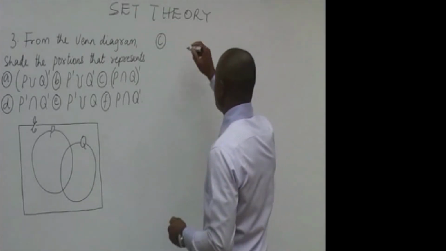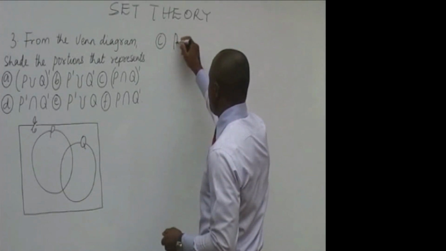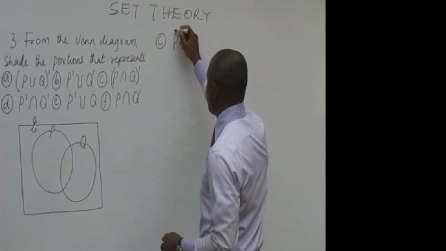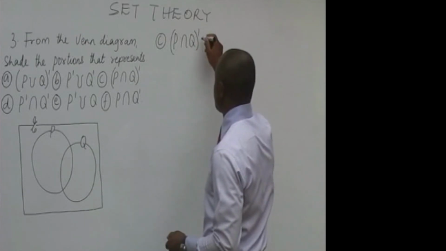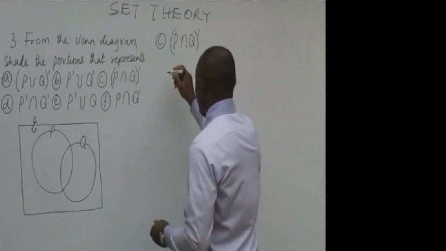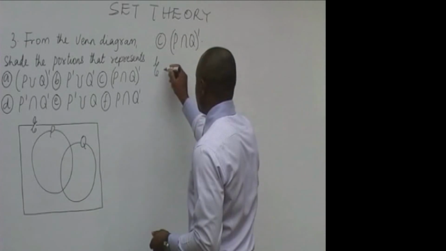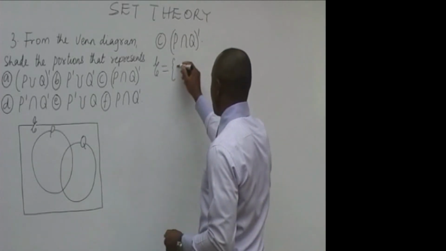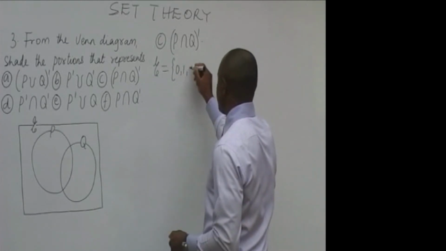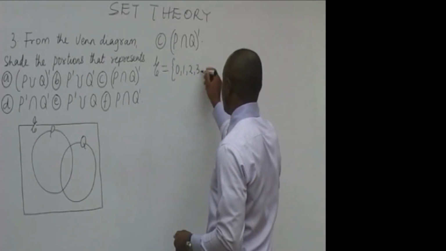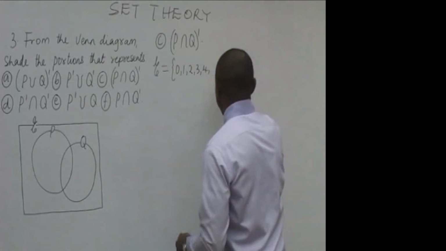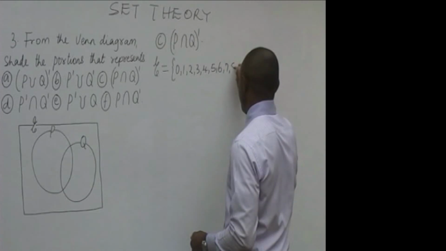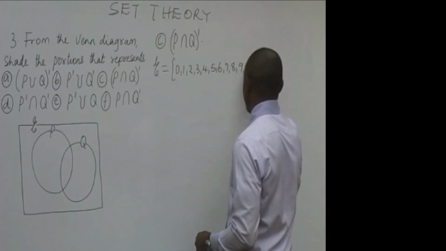Question C said we should shade P intersection Q prime. Our universal set we have chosen to be integers from 0 to 10, that is 0, 1, 2, 3, 4, 5, 6, 7, 8, 9, 10.